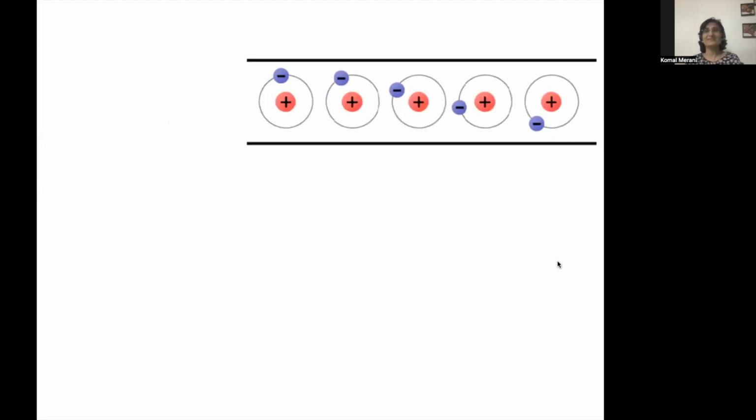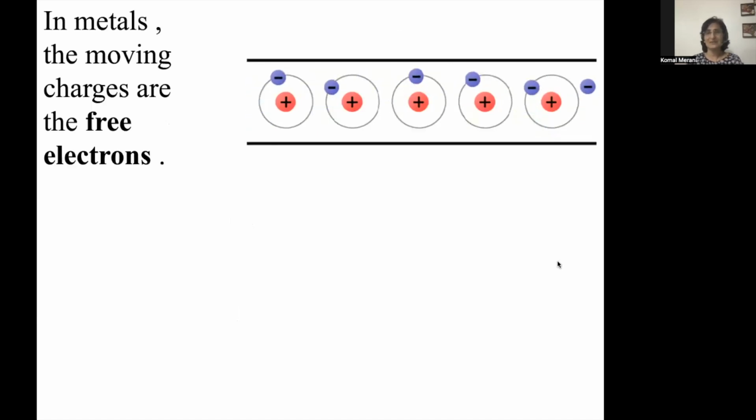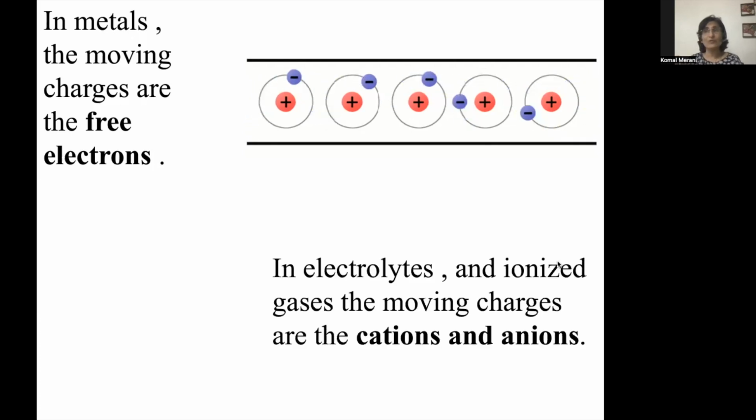Let's proceed. We know metals are good conductors of electricity, and so in metals, it's the free electrons, or the valence electrons, which constitute the current. But electrolytes or some ionized gases are also good conductors of electricity. In those, the moving charge is not the electrons.